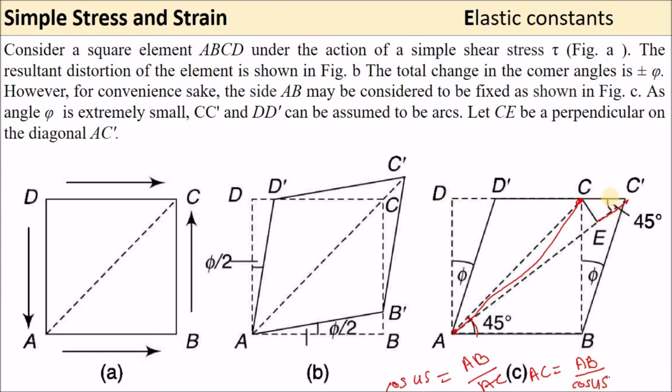This angle is near to 45, so we can assume 45. So cos 45 equals EC dash divided by CC dash. From here we can find EC dash equals CC dash cos 45.